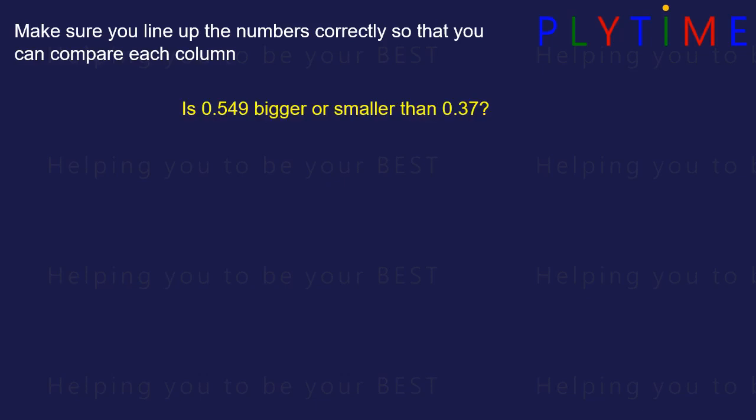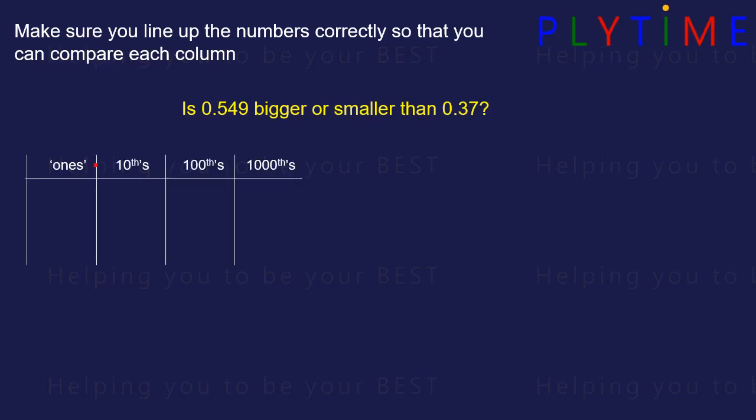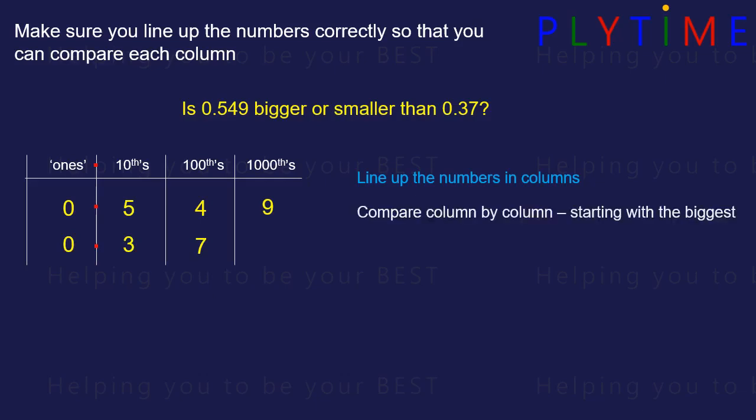Is 0.549 bigger or smaller than 0.37? Let's put the numbers into the columns, 0.549 and 0.37. Compare column by column, starting with the biggest. Look at the ones column. They're both the same, they're both 0.